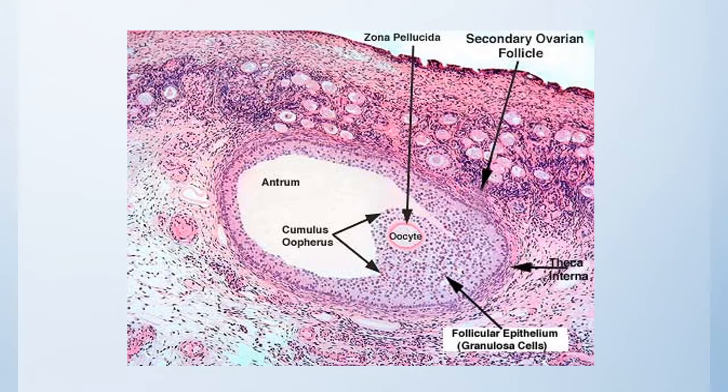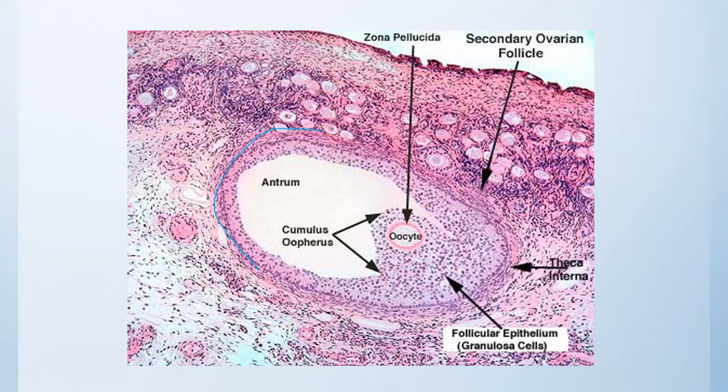What we're looking at is the inside of an ovary. In the middle you have the oocyte, and this here is actually the Graafian follicle.